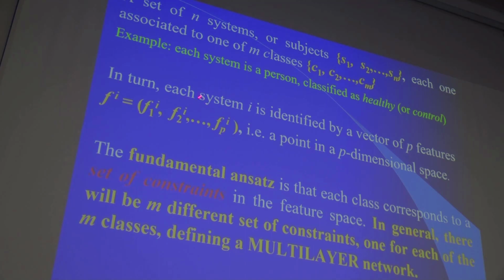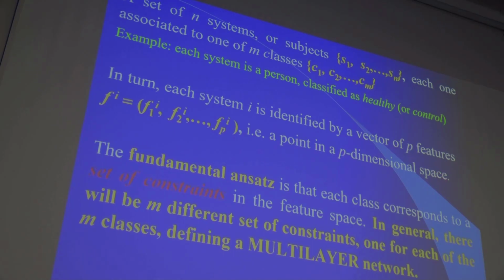and each person, each system, is identified by a vector of p features. So these are the p features that I measure when I do my blood test. Which means that each one of these persons is a point in a p-dimensional space.